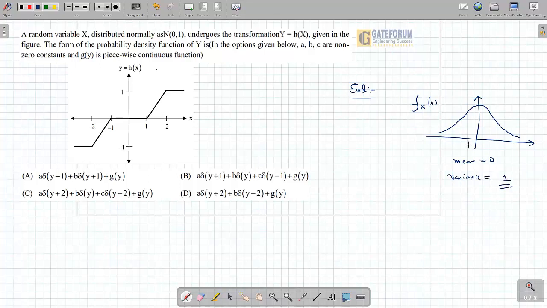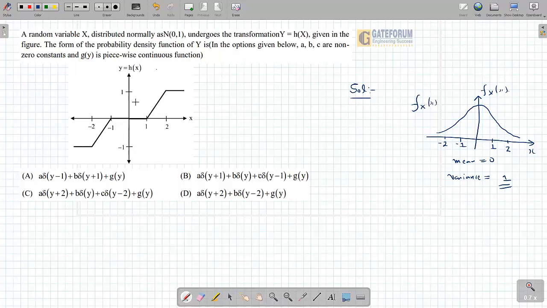We need not worry much about it. We have to look at the function y equal to h(x). Here I can mark minus 1, 1, 2, minus 2 on the x axis, just to see the boundaries.